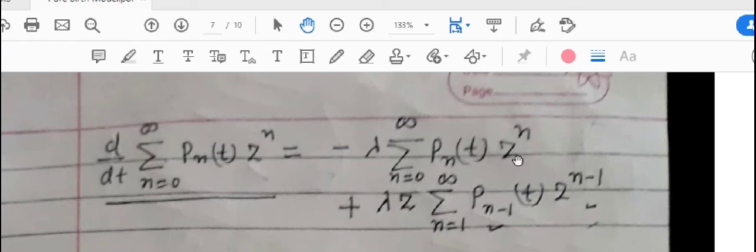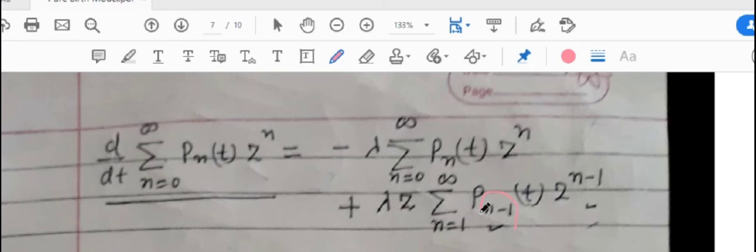Lambda is outside, and you take lambda z here, just to match this one, so we have made this z minus 1 and taken one z outside.